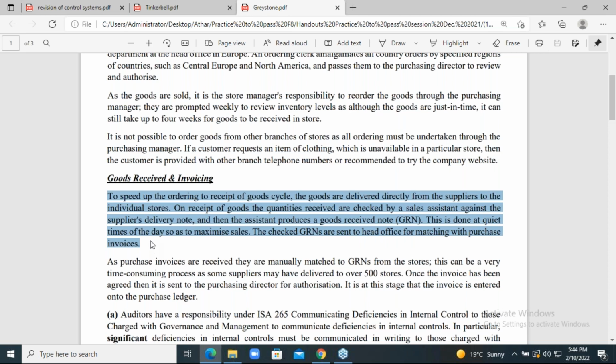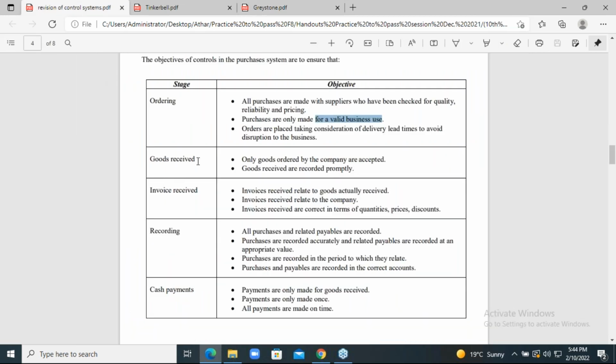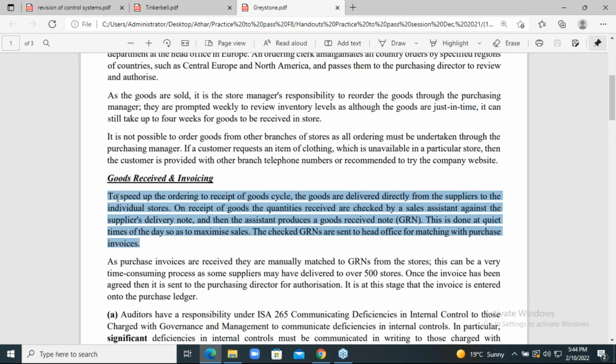So if we go back to purchase and goods received, you must be aware of the data written in the exam: which stage is it? Is it related to purchase order, to recording, receiving, or to cash payment? You can see that in the paragraph, the examiner is discussing the receiving of the goods.